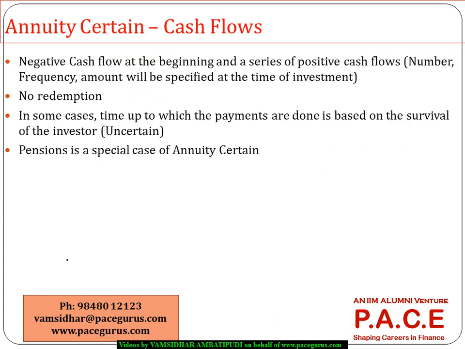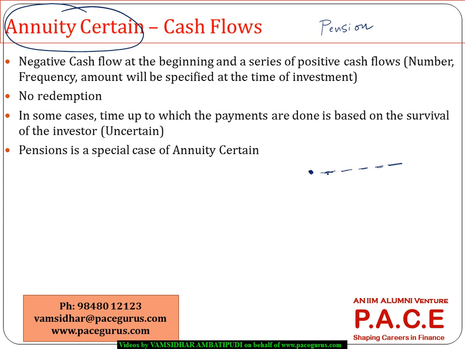Then the other type of security we can look out for is annuity certain, which is more and more similar to the concept of pensions, wherein I invest a lump sum today, and after that I would be receiving probably fixed payments every year for some number of years.